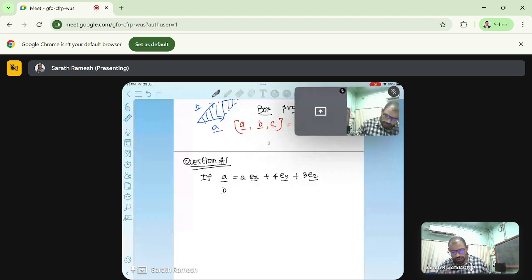These two vectors are given in the question. Now what do we have to find? The first subdivision asks us to find the angle between A and B.